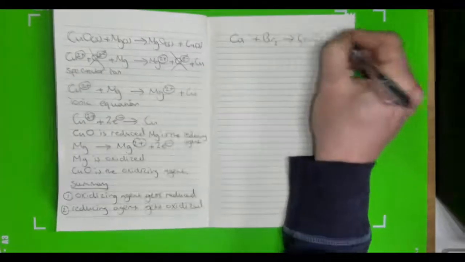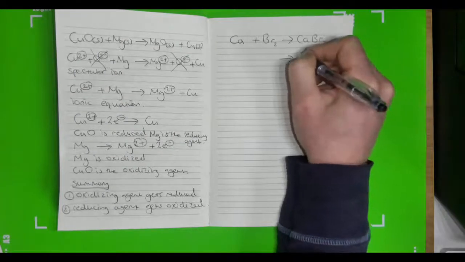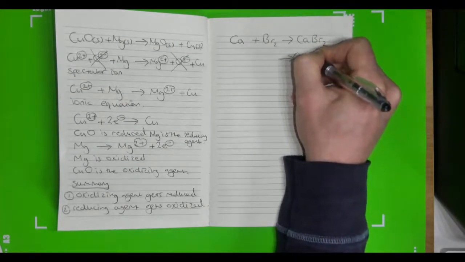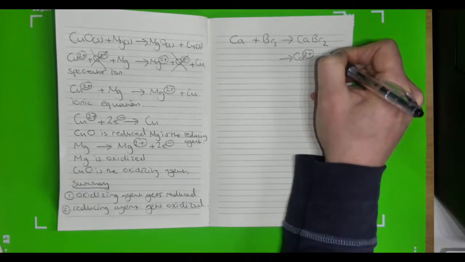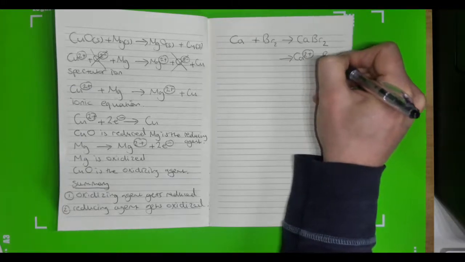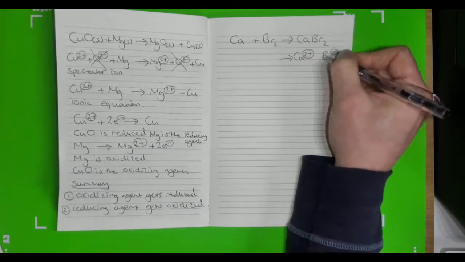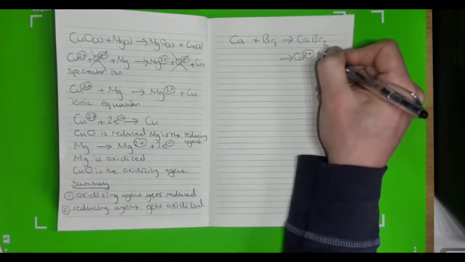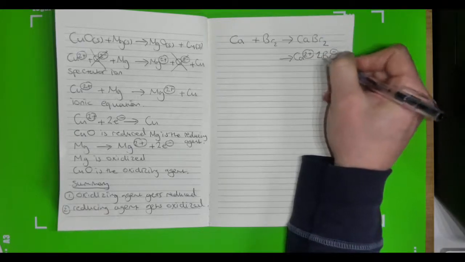This is an ionic compound, so that can be split up into its individual ions. So we've got Ca2+. Remember, bromine is in group 7 of the periodic table, so it must be Br- and not 2-. We need 2 of those though to balance the charge on the 2+. So we write 2 Br-, that's 2 times Br-.